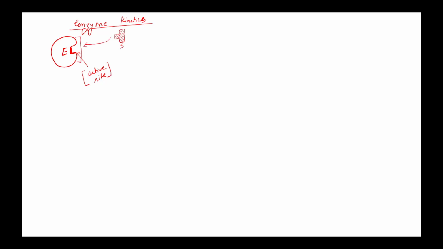This is called an enzyme substrate complex. It is in a transition state. So we have a free enzyme, we have a substrate, it binds, forming the enzyme substrate complex, which is a very high energy transition state.